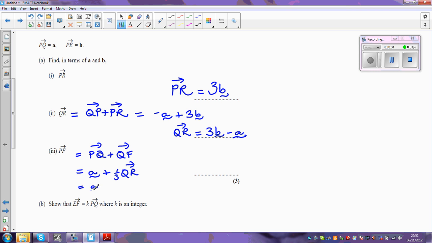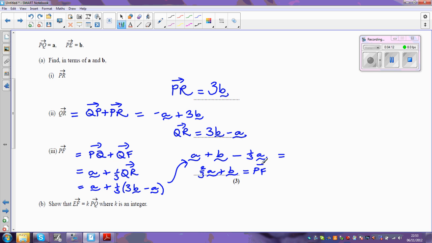And I can now see, using the previous part, that actually QR is just the same as 3B minus A. Okay, and if we now remove the brackets, I've got A plus, now 1/3 of 3B is actually just B, and now I'm going to do 1/3 times minus A, which is just minus 1/3 A. If I now put the A's together, A take away 1/3 A, well that's actually 2/3 A, so it's 2/3 A plus B, and remember that is the vector PF.